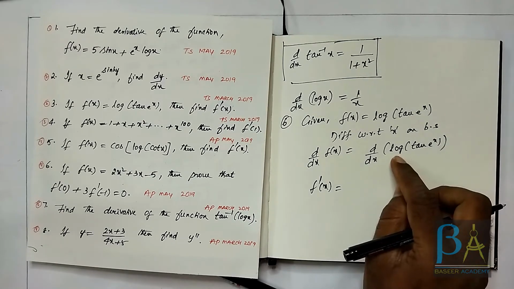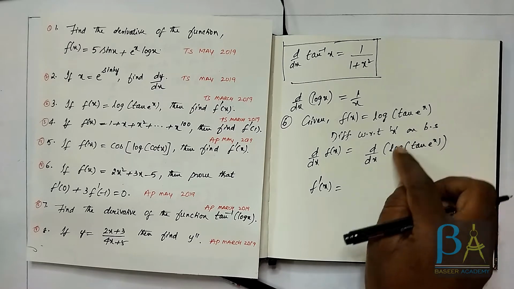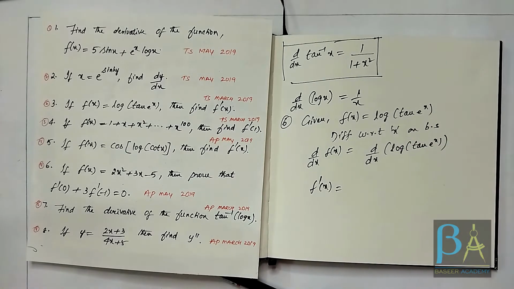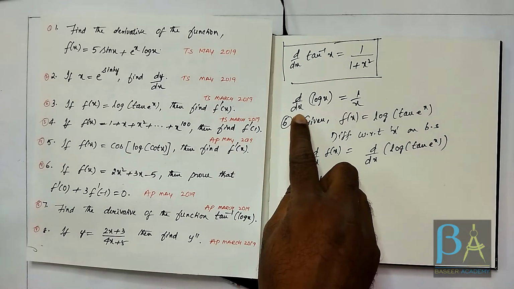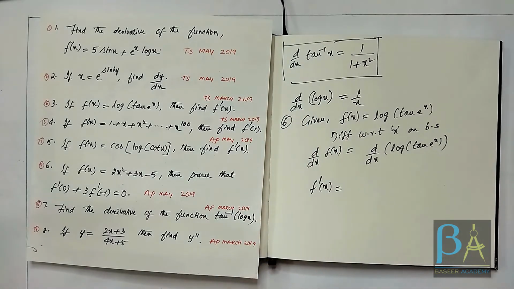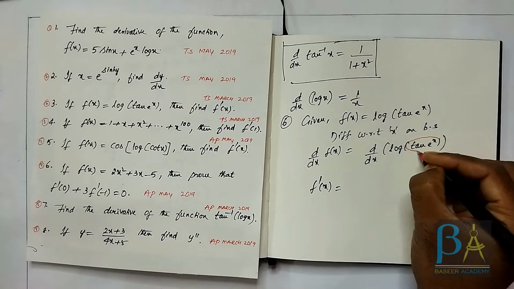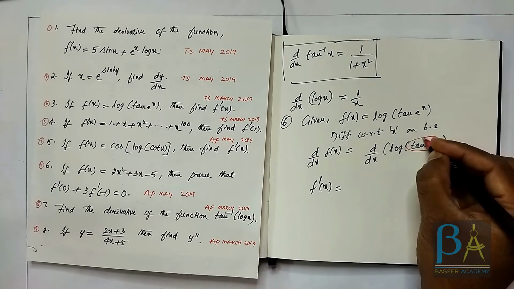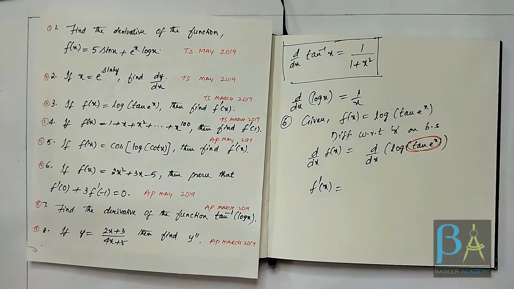I don't have a formula to find out the derivative of log of tan e power x. But then I have a formula to find out the derivative of log x. d by dx of log x is 1 by x. So I'm going to assume this complete thing as x. Let us assume this thing in our mind itself.